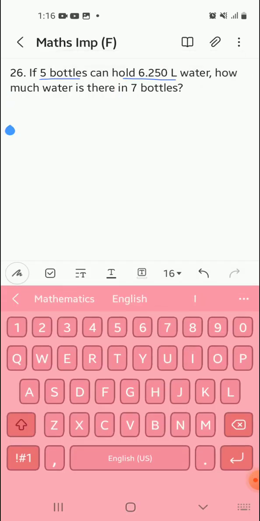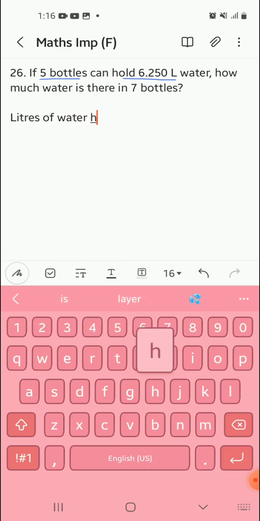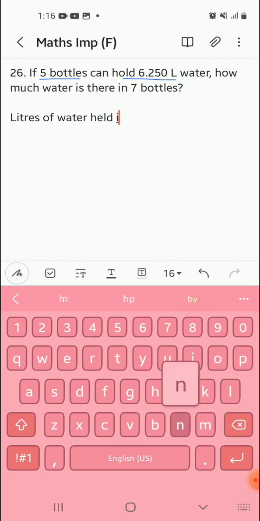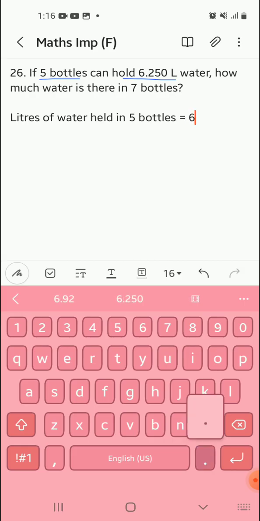Okay, so first of all, we will write liters of water held in 5 bottles equal to 6.250 liters. Now, how much water is there in 7 bottles?